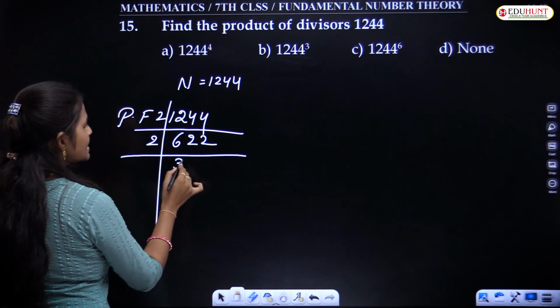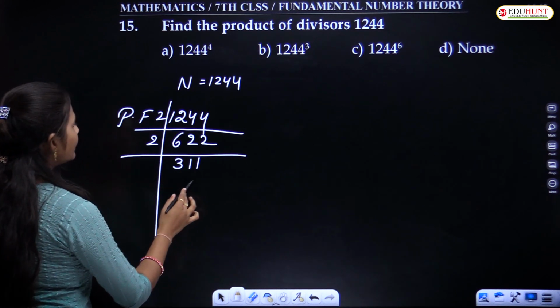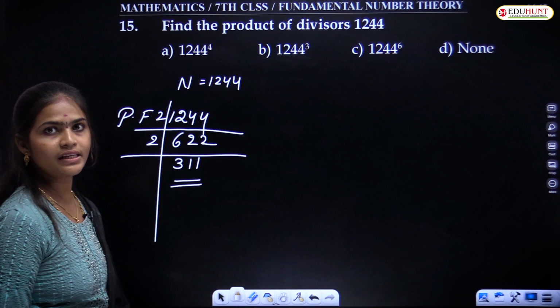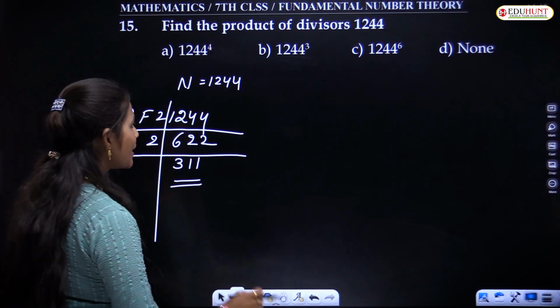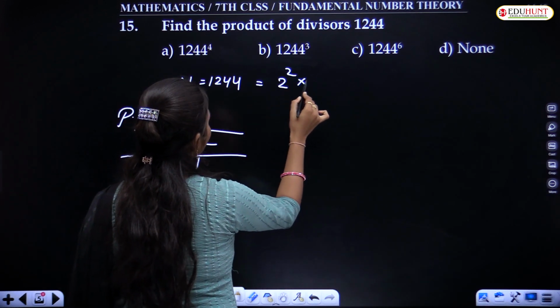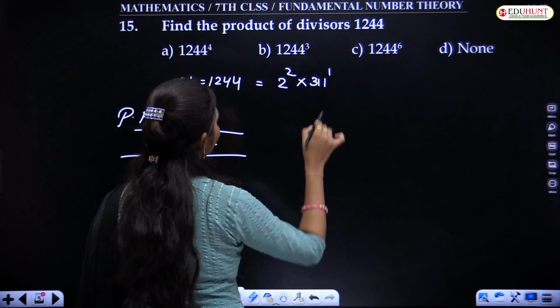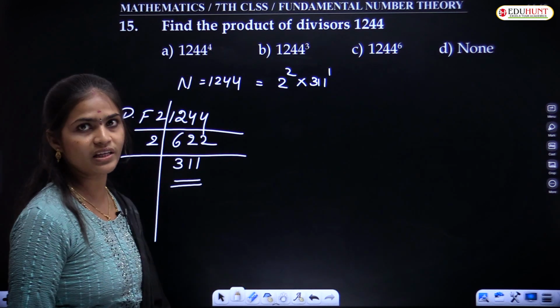Next 2 3's are 6 and 1. So we get 311. What about that 311? That is a prime factor. That's why we can write this as 2 square into 311 power 1. That is the prime factorization of 1244.